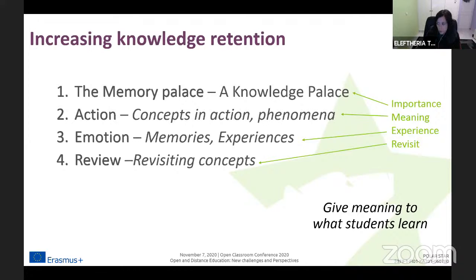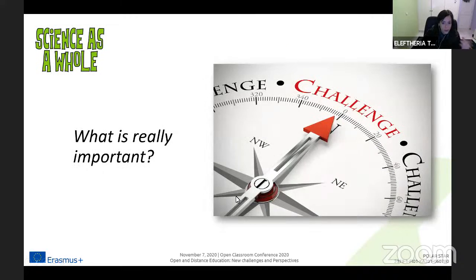So we're going to put this aside for a little bit and think about the second question now, which is what is really important, and then we're going to put all these things together. So what is really important when it comes to the stuff that we teach our students? What is really important to teach them? And this question, again, also stems from overloaded curricula.